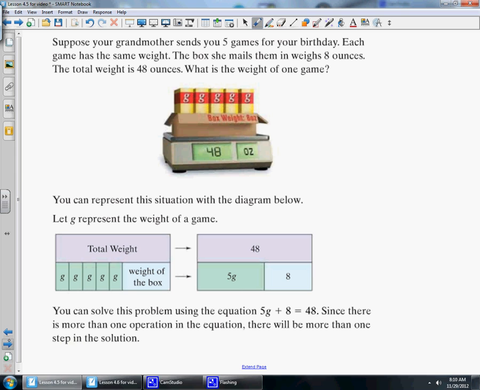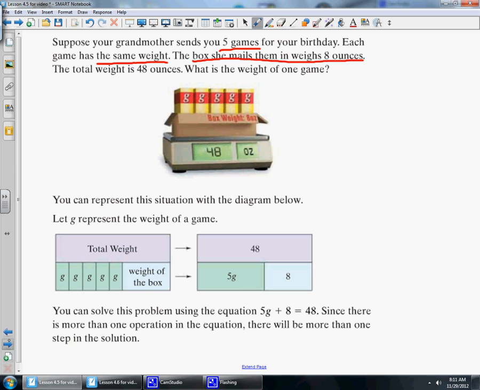Okay, here's another story problem. Suppose your grandmother sends you 5 games for your birthday. Let's underline what we think is important. So she sends 5 games. That seems like it would be important. Each game has the same weight. Do we know the weight? No, so that might be our variable. The box she mails them in weighs 8 ounces.